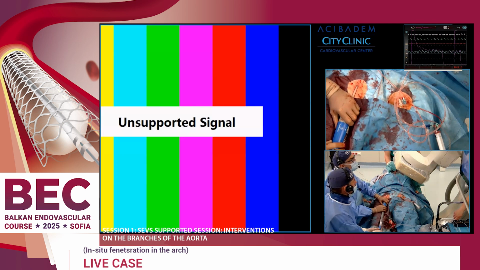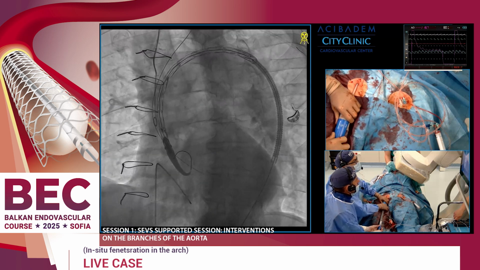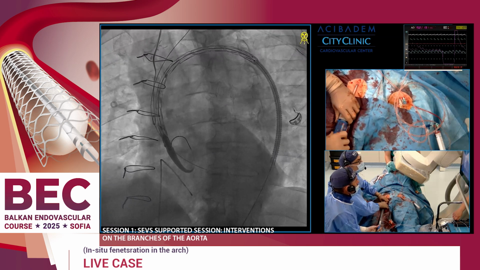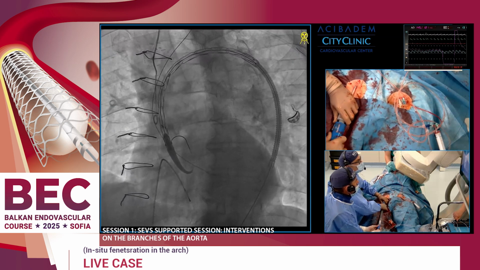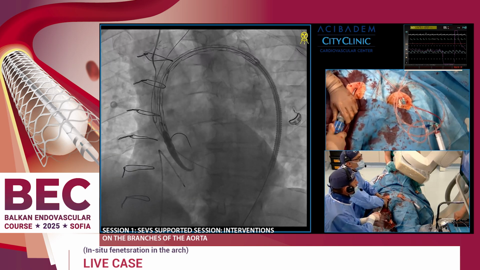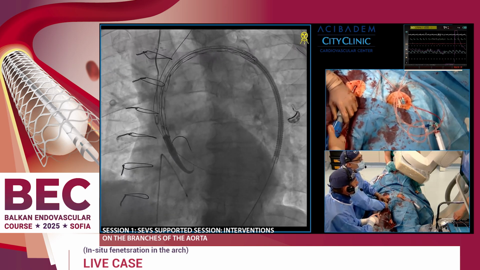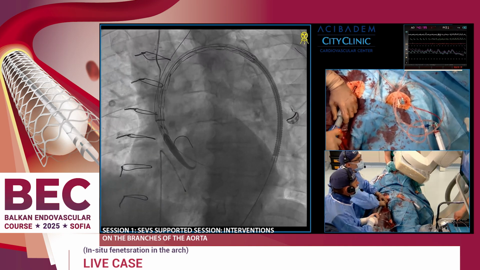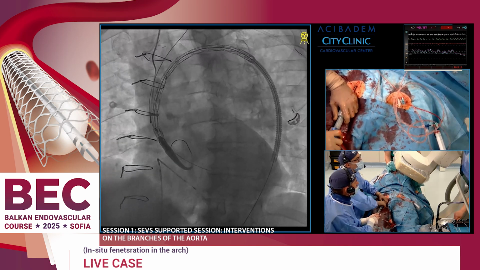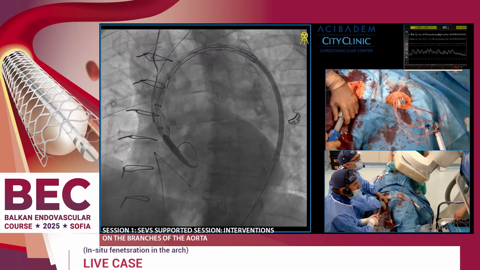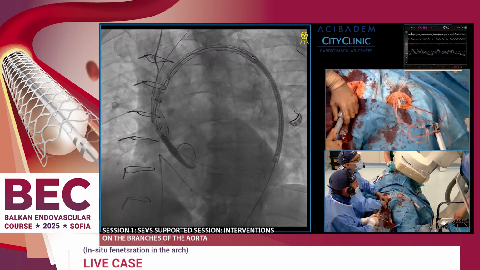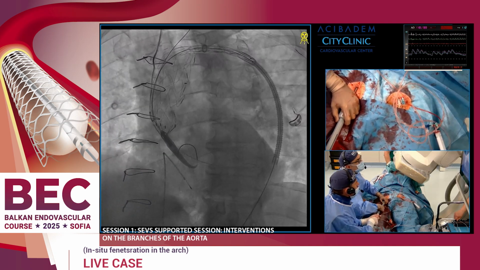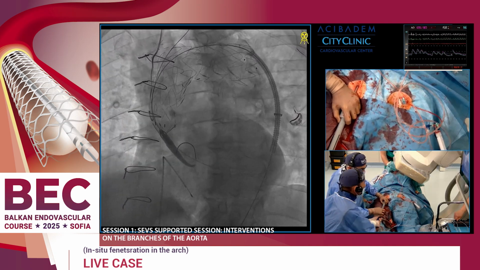A little more. Face on. So you're rapid pacing, you're in the Dacron graft, and you're deploying. Face off.